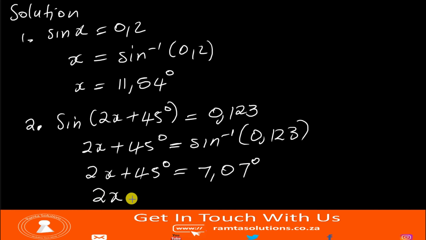So we'll say 2x equals 7.07 degrees minus 45 degrees. Right? Okay. So this will be negative 37.93.